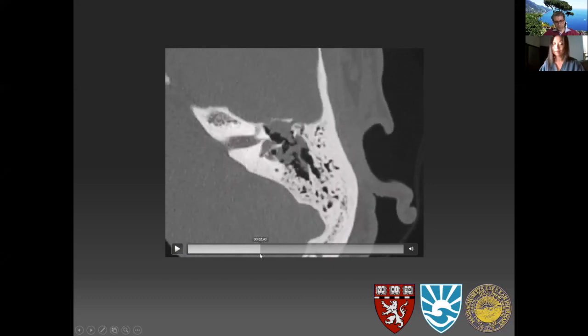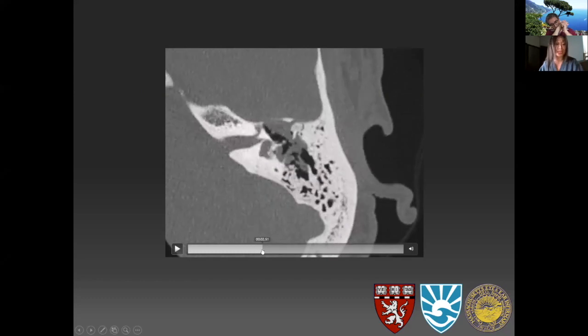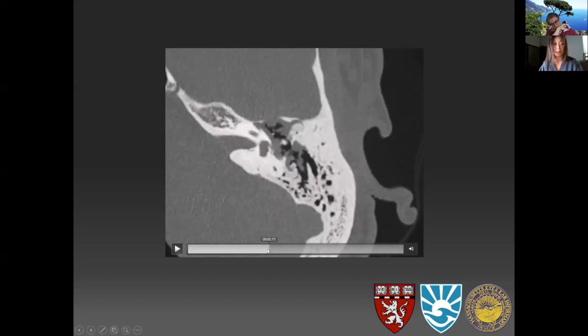There's a chronic component, and the bone is, frankly, in this case, destroyed, because on this image you can see the entire lateral semicircular canal is now completely surrounded by air. So it's skeletonized. The bone on either side of it is completely destroyed. The tegmen is destroyed. There's no more good delineation from the intracranial compartment.